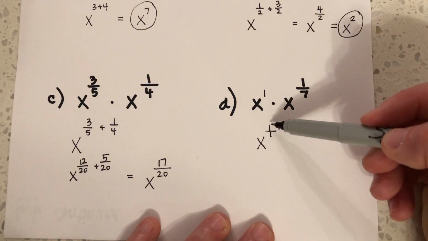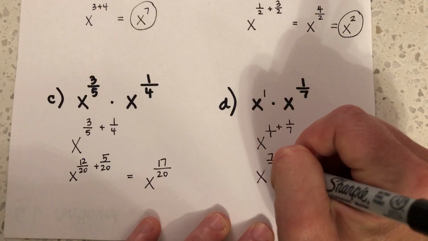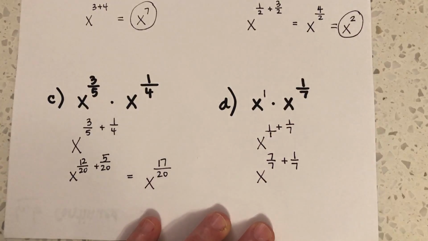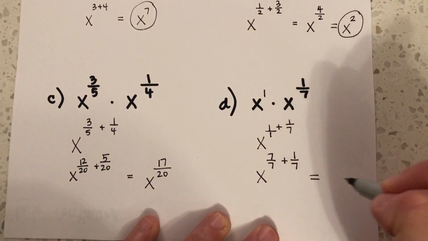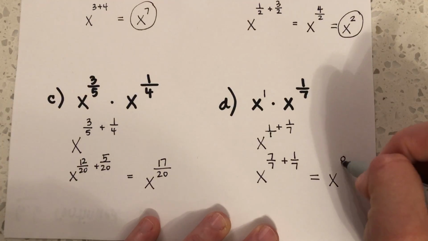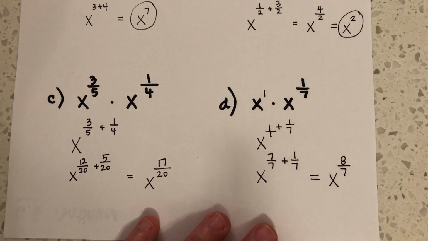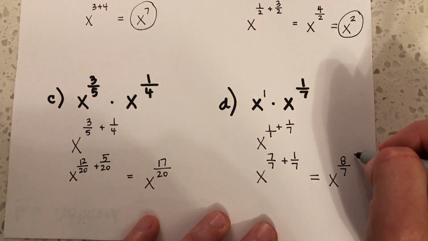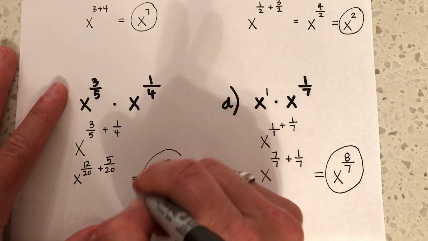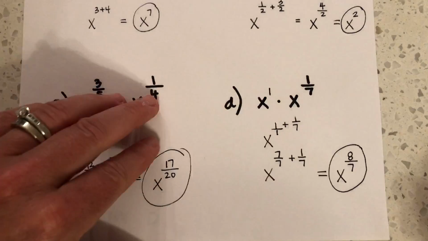To make this 7, I have to times top and bottom by 7, so that's going to be x to the 7 over 7 plus, this one already has a denominator of 7, so it stays 1/7. Then it's going to be equal to x to the 7 plus 1 on top is 8 over a common denominator of 7. If this reduces, we will reduce it, but it doesn't. So x to the 8/7 is your final answer, okay? Again, you're just adding your exponents. The bad news is you have to add fractions, okay?